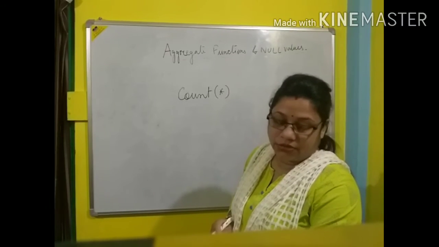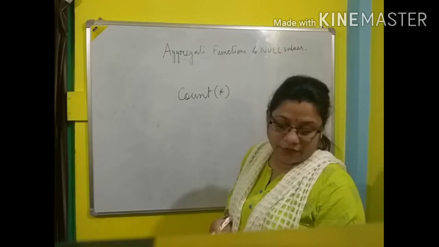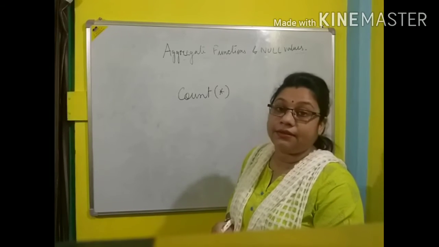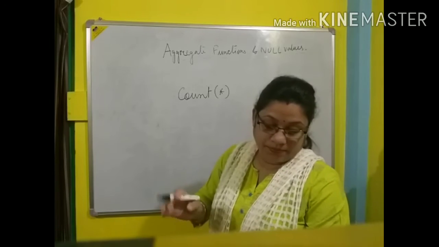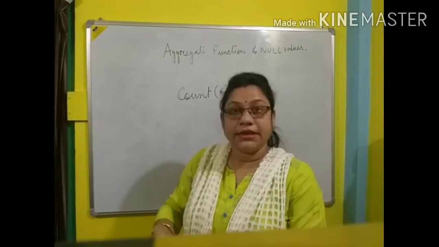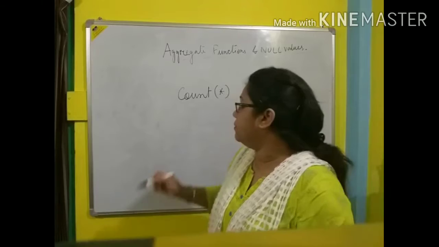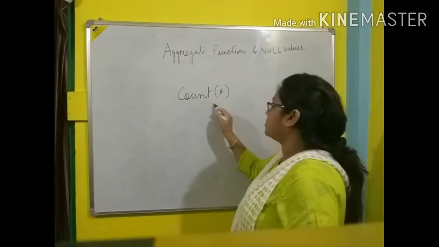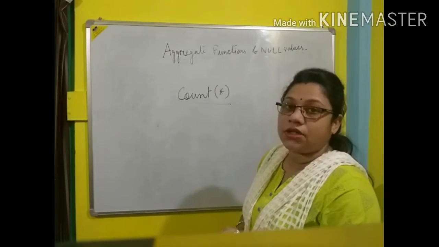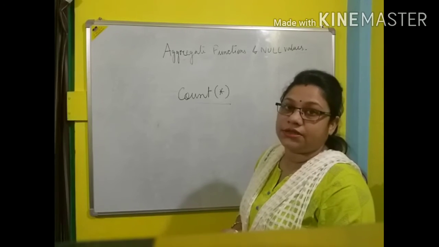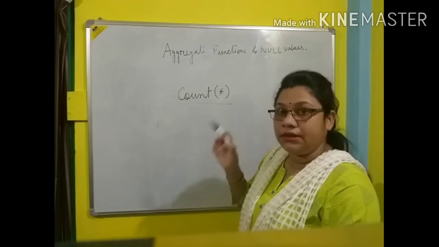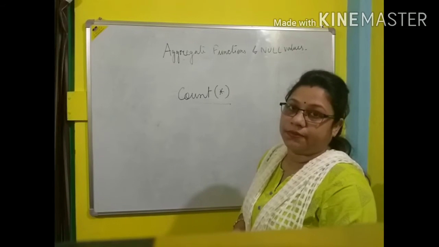Why? Count star counts the number of rows including null values also. As I told you, aggregate functions ignore null values, but if you use the count star function, it is not going to ignore the null values at the time of calculation. It will include the null values also.